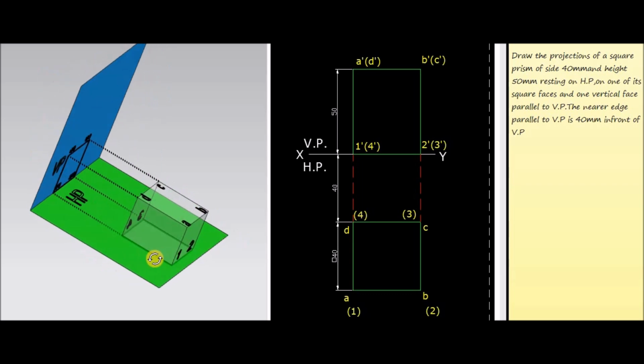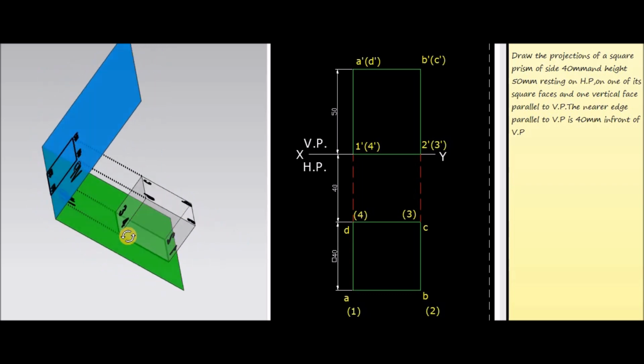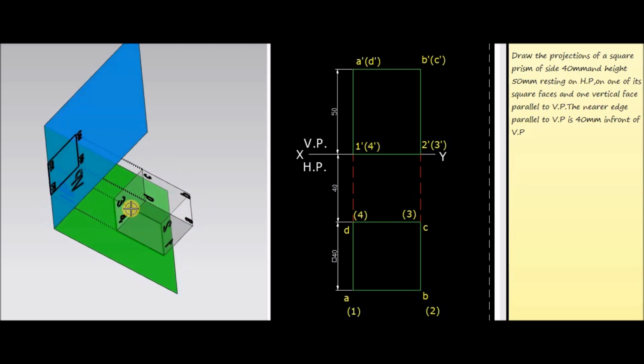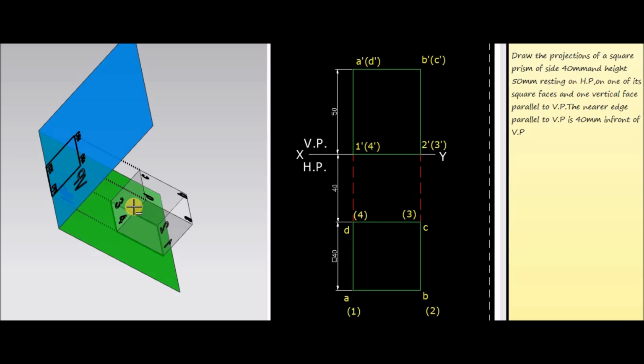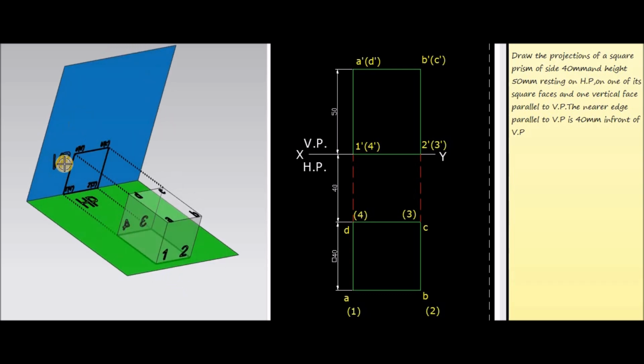the VP. That means in this case the face DC34 is parallel to the vertical plane, and it is at a distance of 40 mm from the vertical plane.